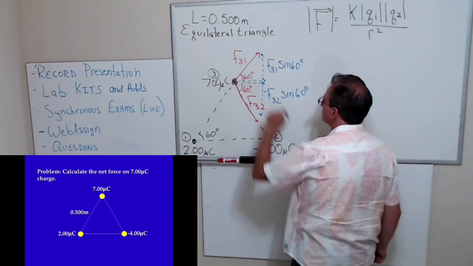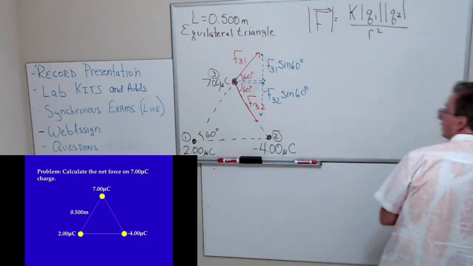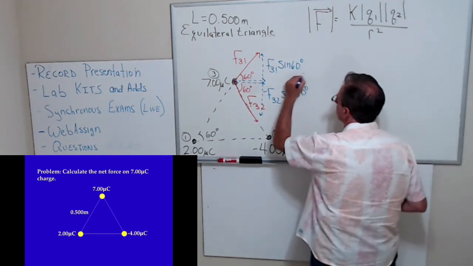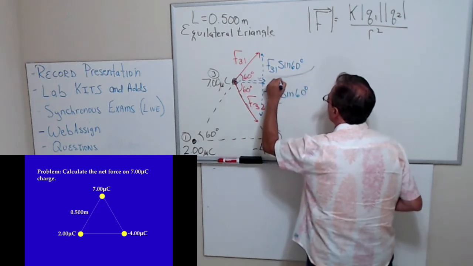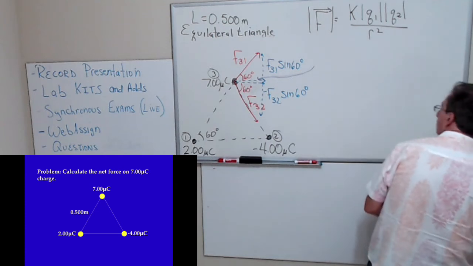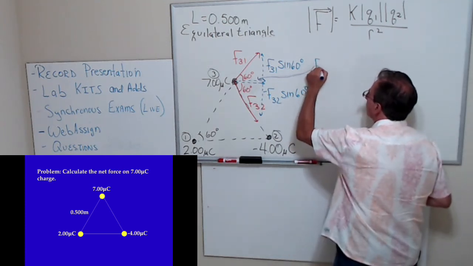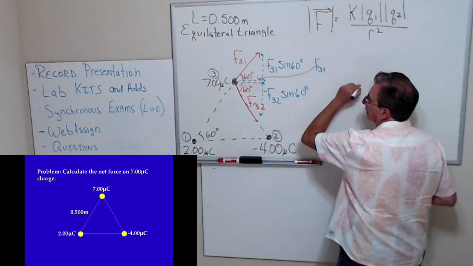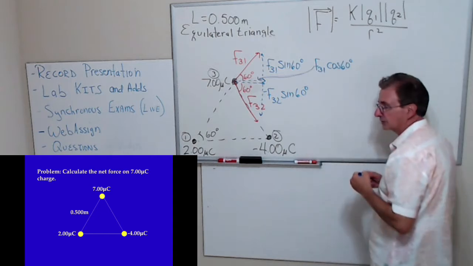And now let's look at the horizontal ones, which are going to be hard to draw for me, so I'm going to come over here. That one over there is going to be F3,1 cosine of 60.